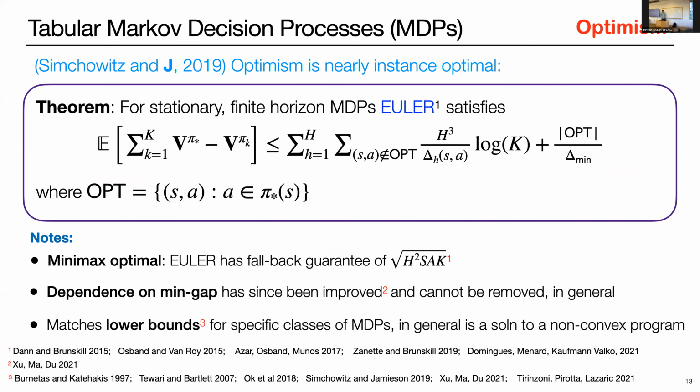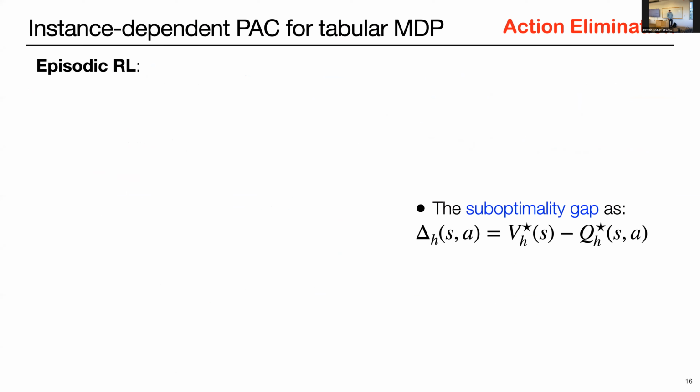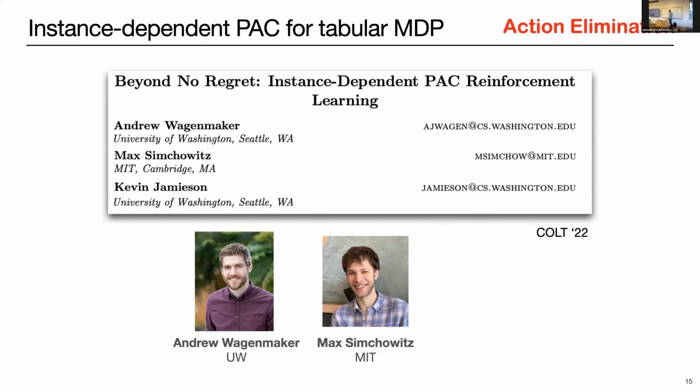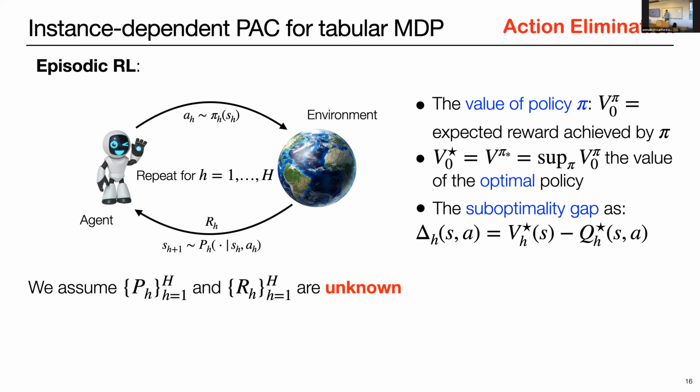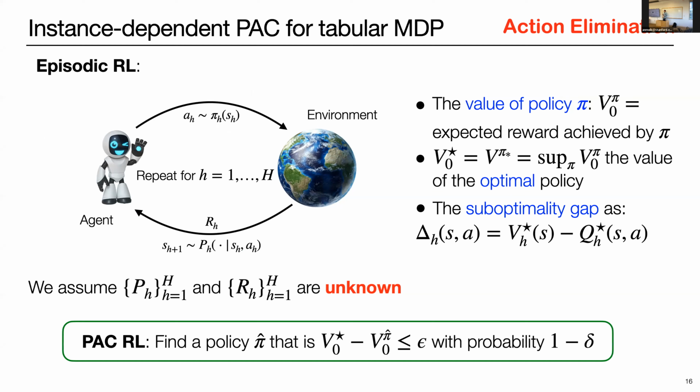Okay. So now I'm really going to care about sample complexity. This is another paper with Max and my student Andrew at UW, and we're studying the sample complexity of identifying an epsilon good policy. So same setup as before, but now instead of doing regret, we're going to change the game. I don't care what you do, I don't care how much regret you're accumulating on the way.